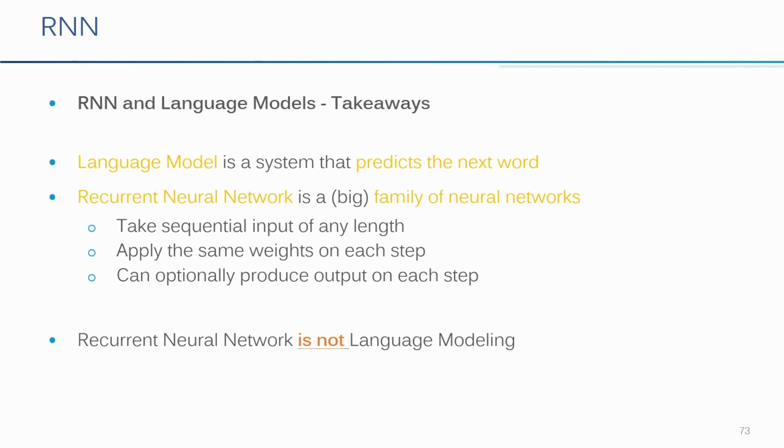In which we take a sequential input of any length, we apply the same weights on each step, and hopefully this will be carried on as we progress. And we can optionally produce an output on each step, or, as we saw, we use the prediction to, instead of a new word, come up with a tag or sentiment or whatever. And a recurrent neural network is not a language model. So remember that, it's probably on the exam, okay?